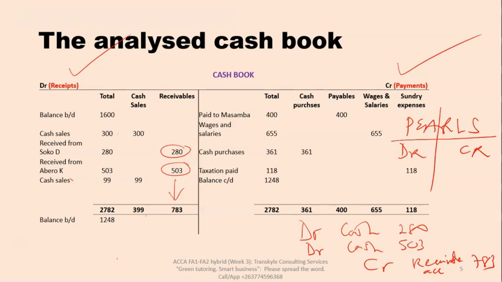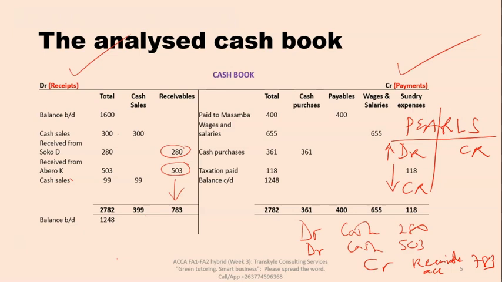But when a customer has paid, it means the receivable is being reduced. So what is the double entry? What is the accounting effect? It is being credited. When you want to reduce the asset, you credit it. When you want to increase the asset, you debit. What about an expense? When you want to increase an expense, you debit it. When you want to reduce the expense, you credit it. For purchases, it is the same way.